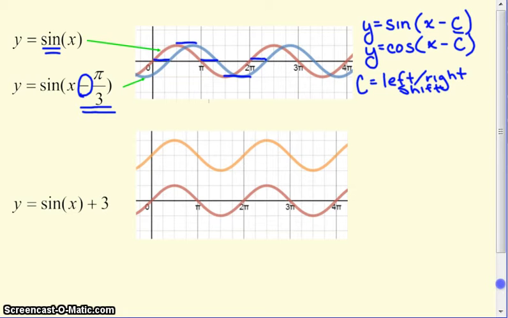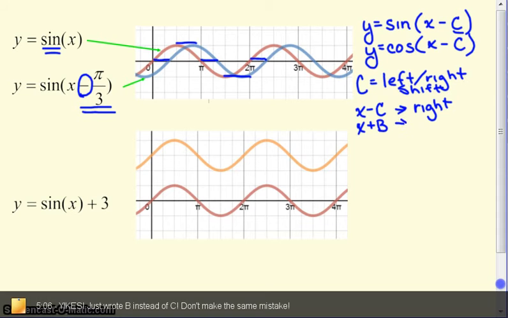We moved to the right. Everything here moved to the right pi over 3 spaces. So in our equation, if we have x minus c, that's going to take things and move things to the right. If I have x plus c, I'm going to move things to the left.